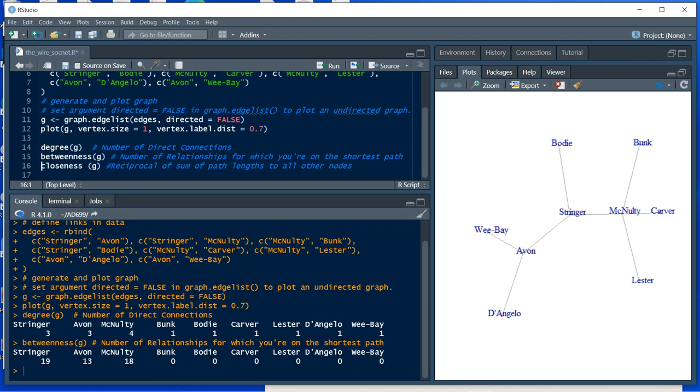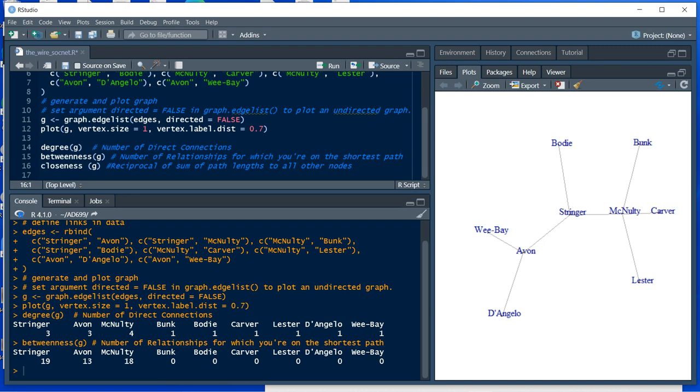So for Avon to go to 1, 2, 3, 4, 5 other members of the network, that is going to have to go through Stringer. And for Weebay to go to 1, 2, 3, 4, 5 other members of the network, that is also going to have to go through Stringer.